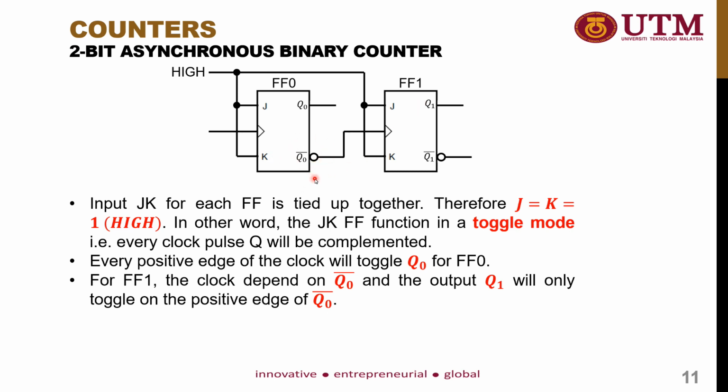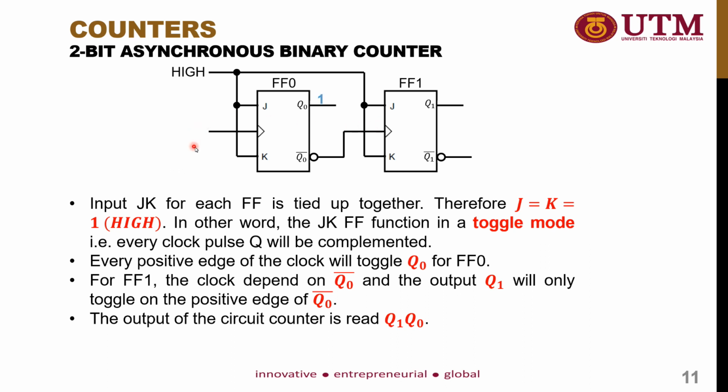So if Q0 bar changes from 0 to 1, it detects a rising edge, and then it will change the output of flip-flop 1. So flip-flop 1 will toggle. The output of the counter circuit is read as Q1 and Q0. So here we have a 2-bit asynchronous binary counter.